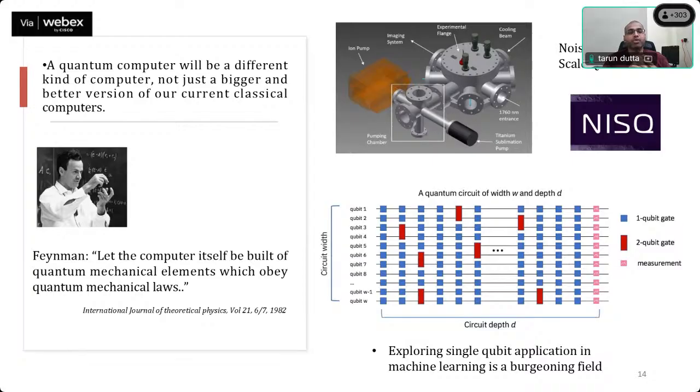So here, we have to decide whether we have to increase the number of qubits. If you see the right side figure, the bottom one, the y-axis is the circuit width, meaning whether you need to increase the number of qubits, or the x-axis, which is the depth, whether we need to increase the depth of the circuit.